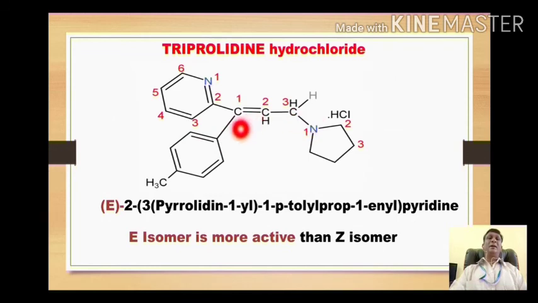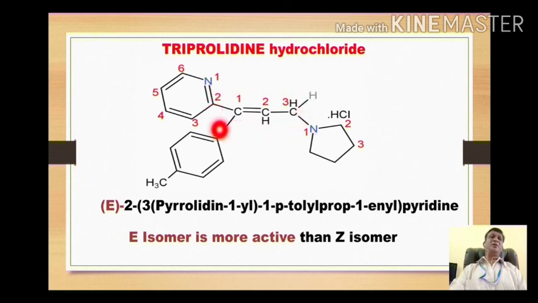So the systematic name of triprolidine is (E)-2-[3-pyrrolidin-1-yl-1-(4-methylphenyl)prop-1-enyl]pyridine. On 3 we have pyrrolidin-1-yl, again on 1 we have paratoluene.